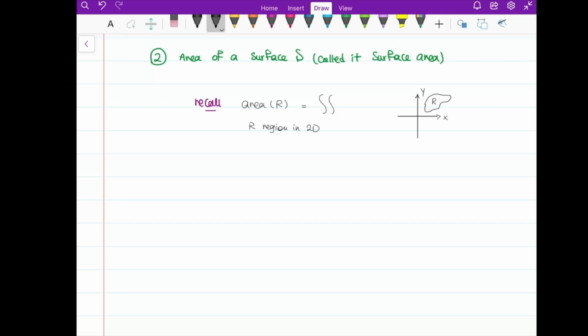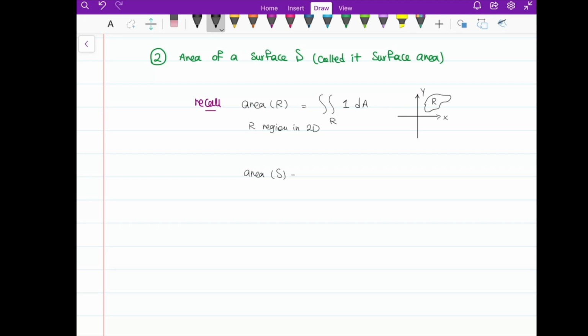To find the area of R, we can use a double integral of 1 over the region R. Just because the double integral of any function would be the volume of the solid that is below the function f over the region R. Where the function is 1, our solid has height 1, so that's why we just have the area of the region R.